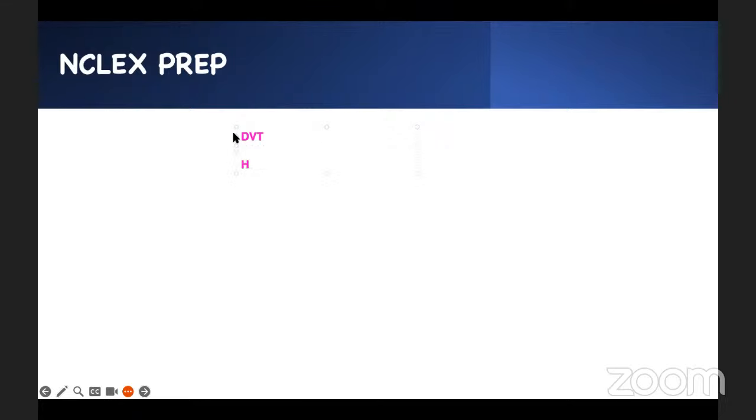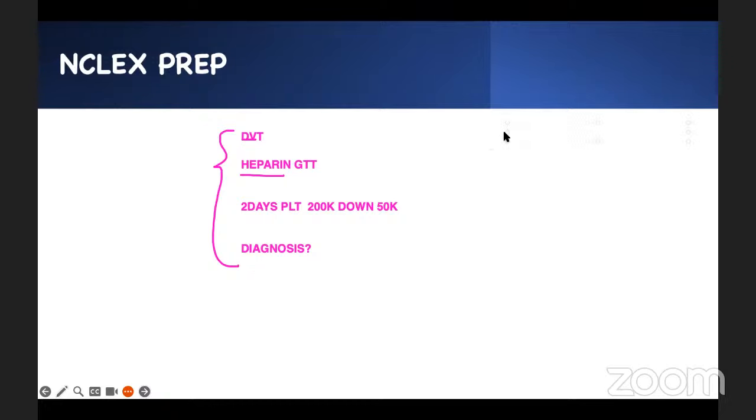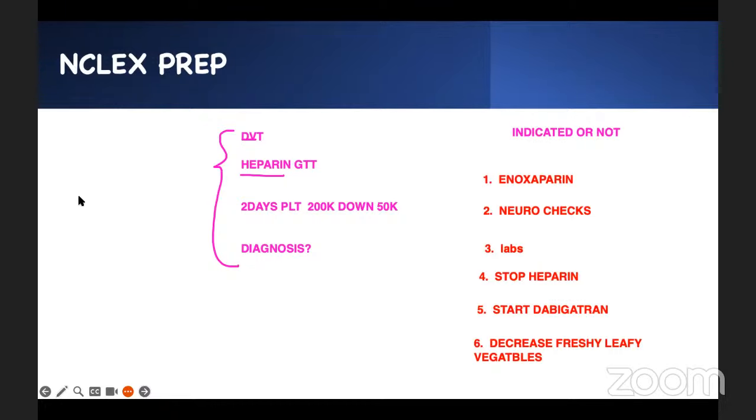Okay, and they put her on a heparin drip. 2 days later, the platelet count, which was 200,000, is now down to 50,000. What is your diagnosis? I'm not telling you the diagnosis. You have to tell me if this is indicated or not.